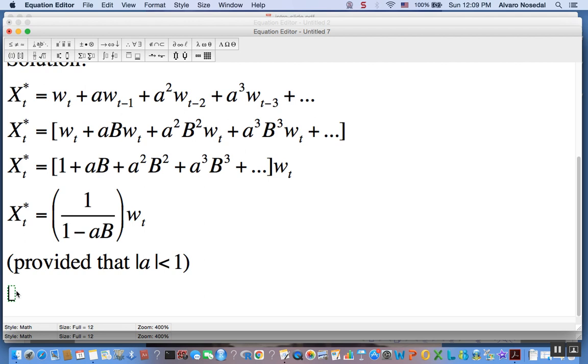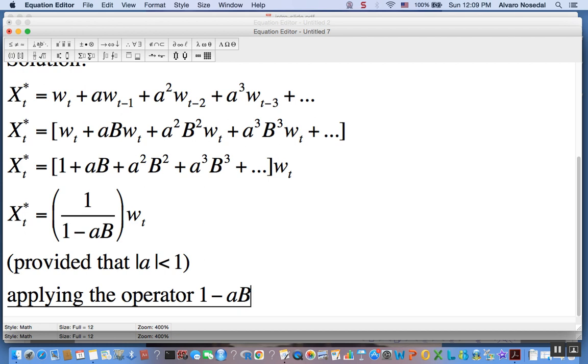Let's say that, just applying the operator 1 minus AB on both sides.